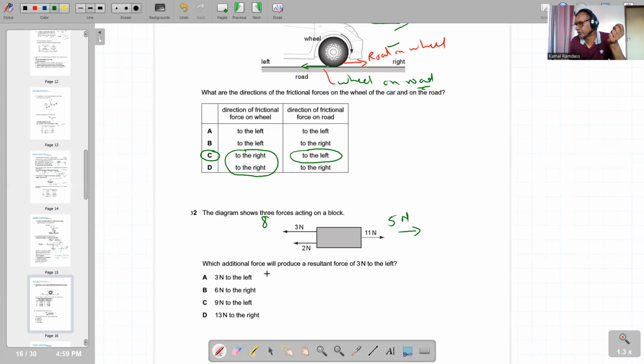Which additional force will produce a resultant force of 3 newtons to the left? And I need 5 plus 3 to make 8 newtons. And no, we don't do that here. We mean 11 minus 5, I get 6 newtons resultant here. If I want 3 newtons resultant here, I need to add 6 plus 3, and I need to put 9 newtons here. OK? To get 3 newtons resultant to the left, I need to put 9 newtons to the left. That is the answer.